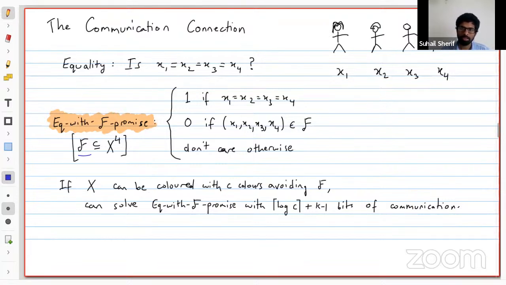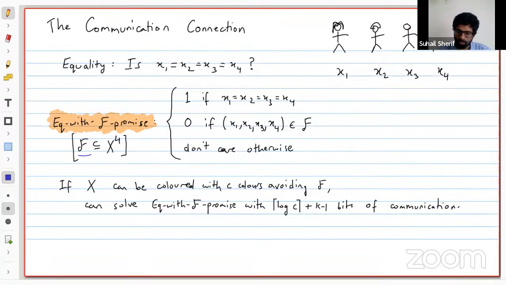Player 1 will just announce what the color of X1 is according to this coloring. If everybody else sees that their input also has the same color, then that actually means that their inputs are all the same. Because if their inputs were not the same, but they all had the same color, then since our coloring avoids F, that means that their input could not have belonged to F. So it would be a non-promised input, which is not possible. So therefore, their inputs are all the same.